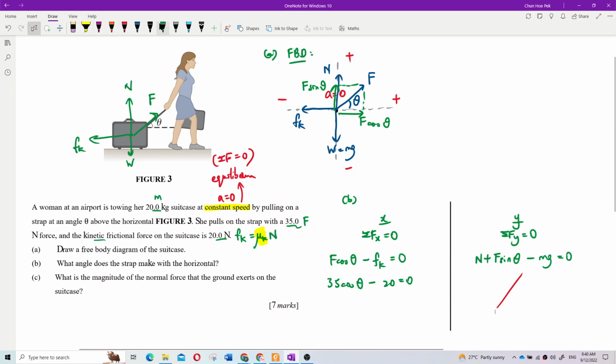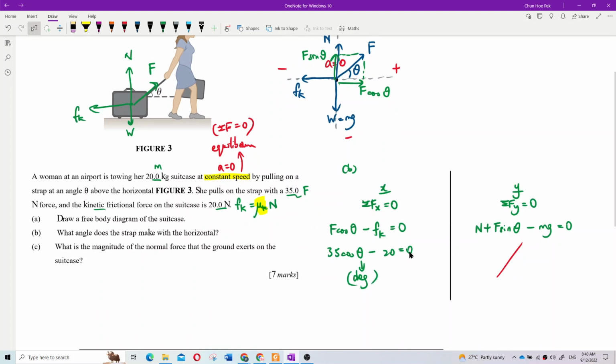You can find theta already. So make sure your calculator is set to degree, class, not radian. All these details, I hope that you are not careless. So what is the theta? 20 over 35, and then anti-cos the answer.